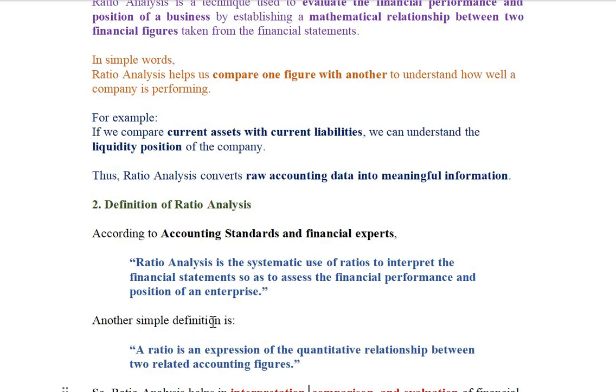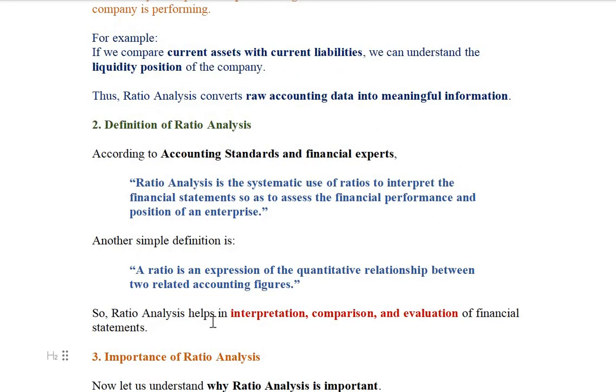Next, we'll move on to the definition of ratio analysis. In this video, I will explain ratio analysis using the definition by accounting standards and financial experts, and another one is a simple definition. As per accounting standards and financial experts, ratio analysis is a systematic use of ratios to interpret the financial statement so as to assess the financial performance and position of an enterprise.